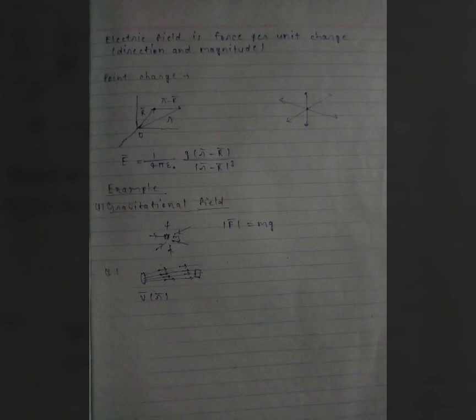So, this current J of r is also a field, all right, which exists everywhere, is a vector quantity. So, these are some examples of the field.